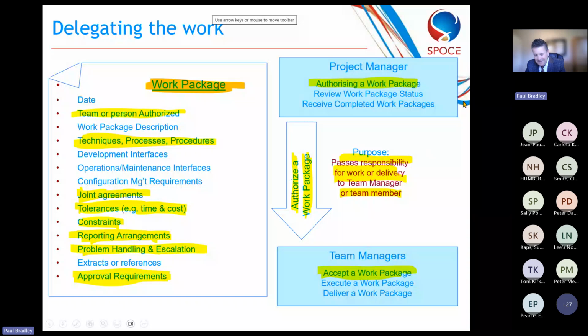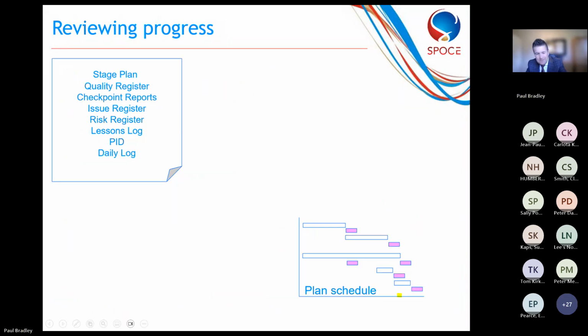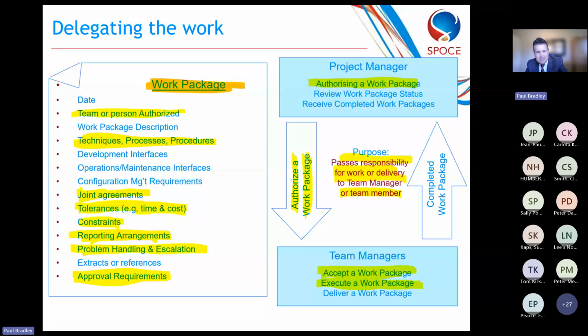And what will happen is the team manager will manage that work and make sure that the work package is executed, which means that all the deliverables and outputs within that work package will be developed, tested, and completed. And then once completed, the team manager can deliver that work package back to the project manager.